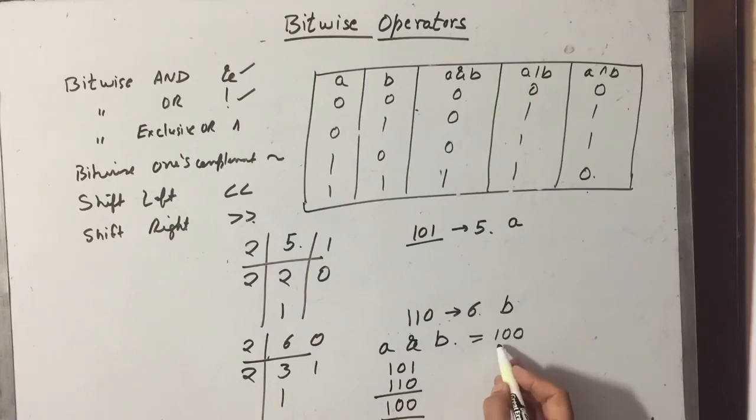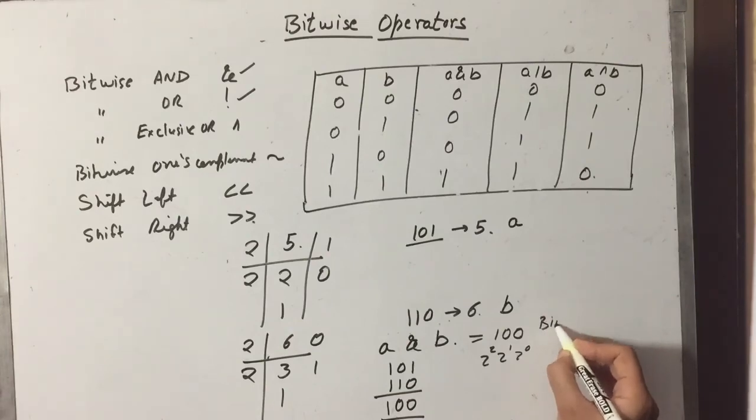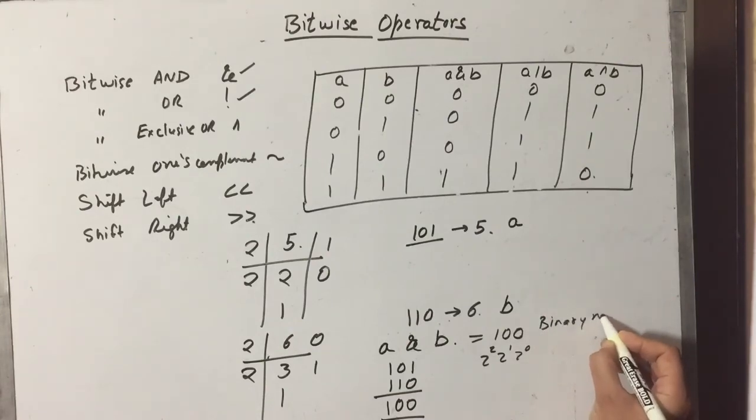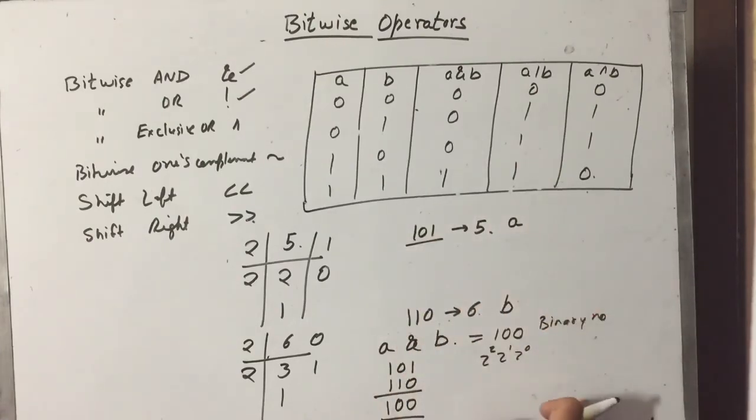If you want to convert it into its decimal counterpart, you can multiply it with 2 to power 0, 2 to power 1 and 2 to power 2. But this is the binary number 1 0 0. Okay, so this is how these bitwise operators are working.